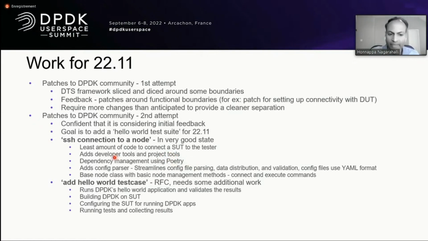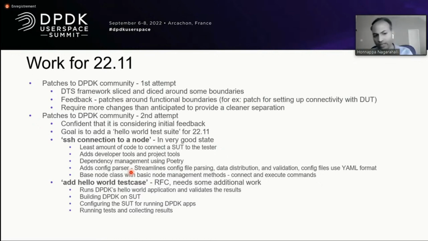One of the big changes that we are introducing, again, which came from the feedback that we received, is the config parser. We see that in the DTS mainline, the configuration parsing is not very ideal.